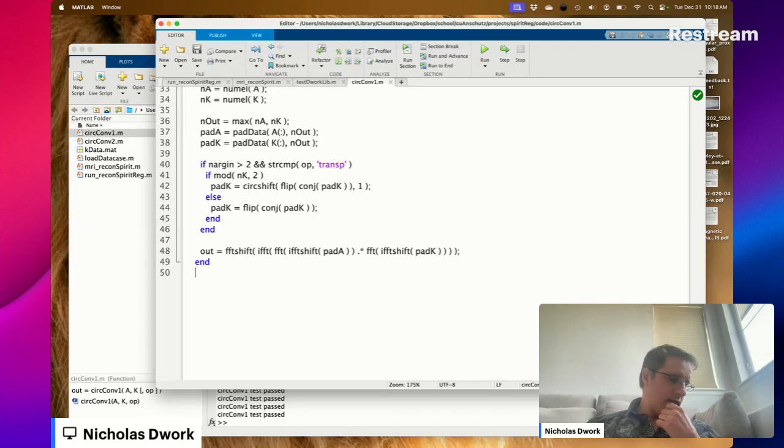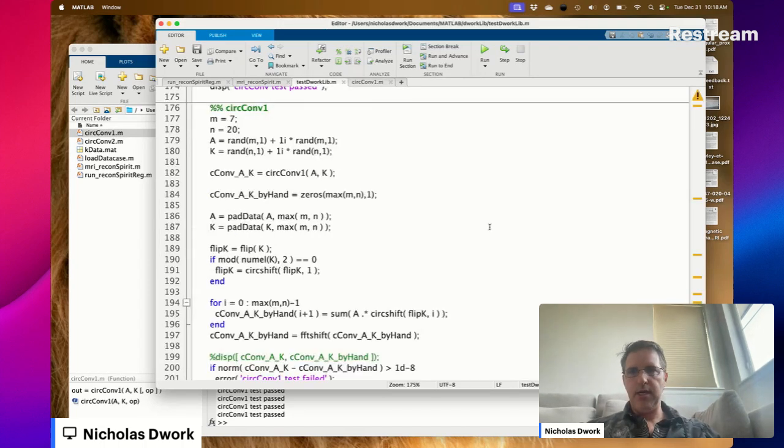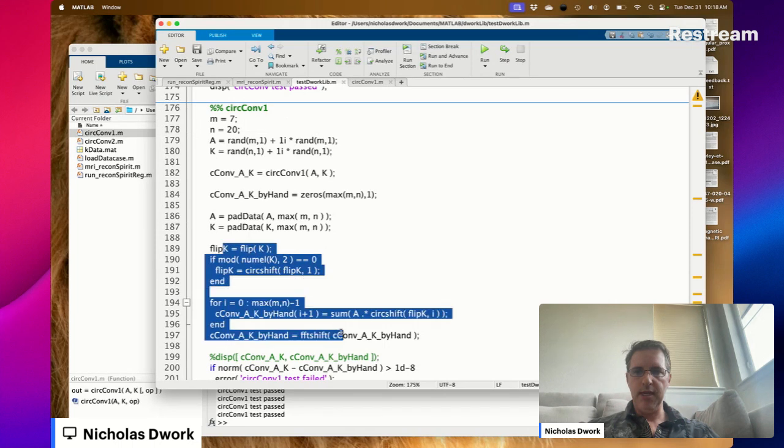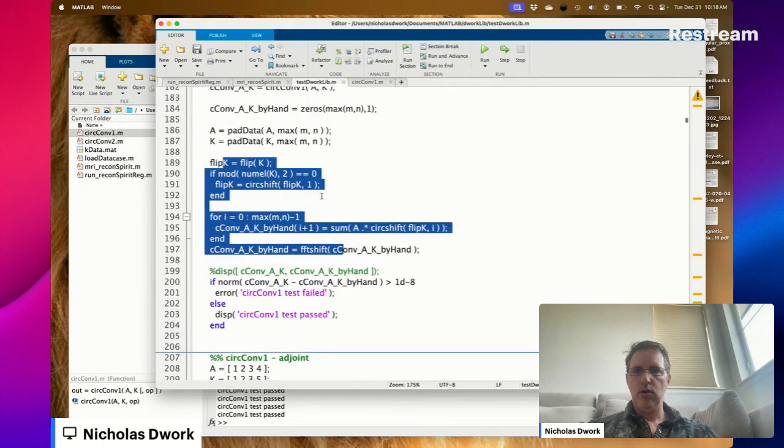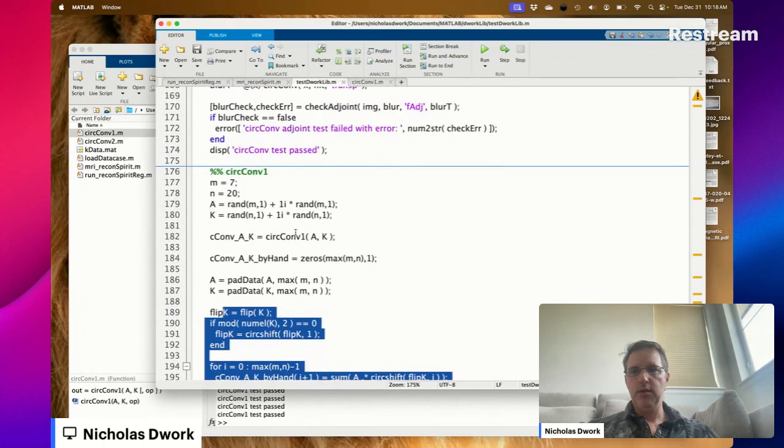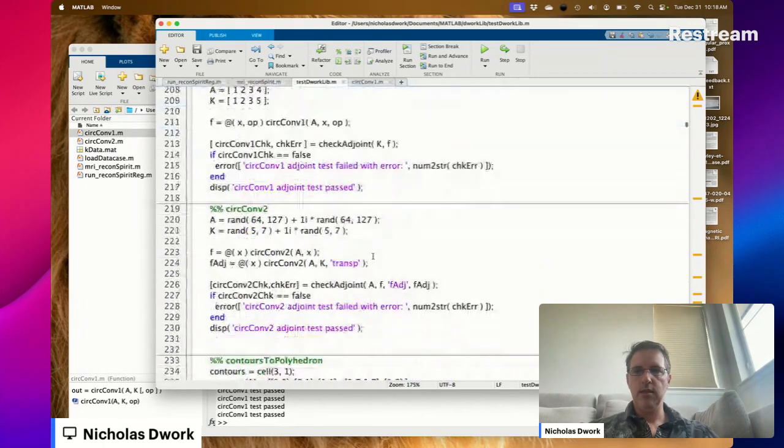The way we figured this out for cirtconv is by doing a convolution by hand and then comparing it to the result of cirtconv1.